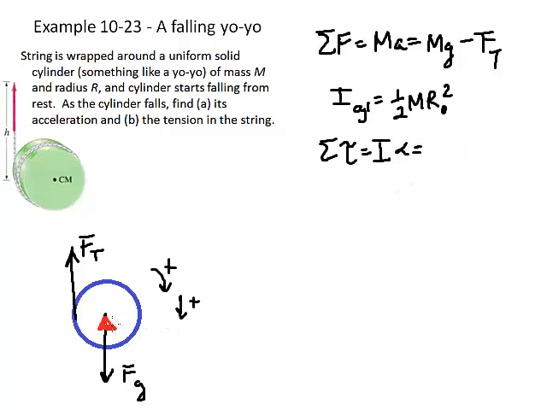If we place our fulcrum at the center of mass, then the only torque on this object is the force of tension times the radius of the cylinder.